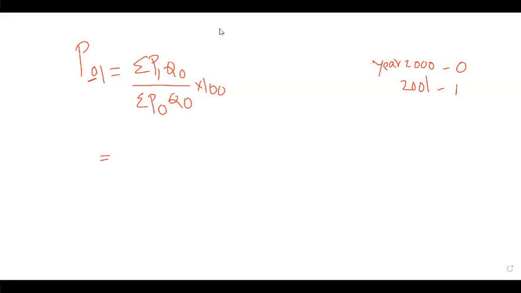So summation P1 is the price in the year 2001. What is the price you got in the year 2001? In the first table, what is the value?